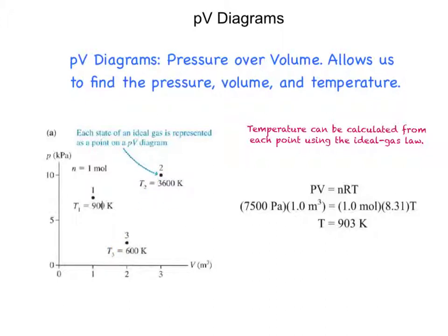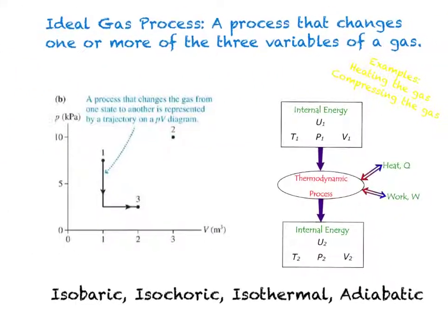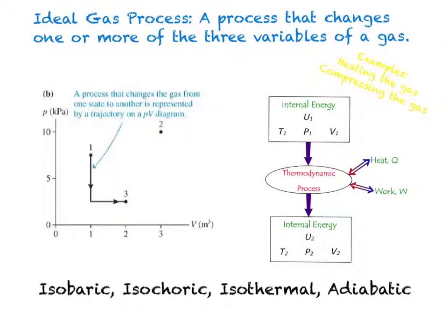Now, an ideal gas process is a process that changes one or more of the three variables of a gas. For example, we can heat the gas or we can compress the gas. These are ideal gas processes. Ideal gas processes can be represented as a trajectory on a PV diagram.